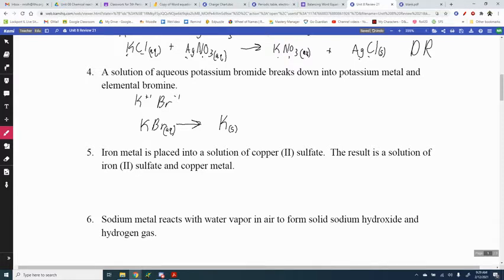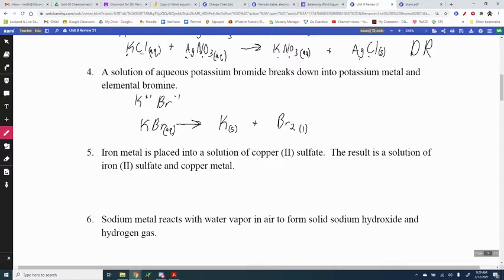And then elemental bromine. So that's plus Br, and bromine is special. It is part of the high 7, the diatomic elements. So that's going to be Br2. And bromine is also one of the only 2 liquid elements on the entire periodic table.